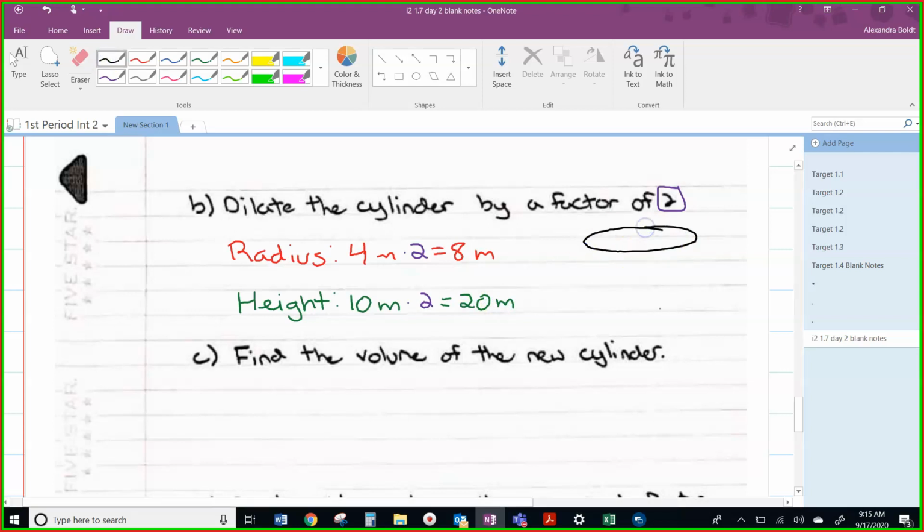So if I draw our new cylinder, it has a radius of 8 meters and a height of 10 meters. Nope, 20 meters. Okay, so this is our new cylinder that's been doubled, right? Every dimension has been doubled.